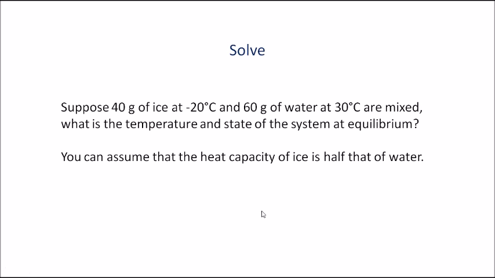Suppose 40 grams of ice at minus 20 degrees Celsius and 60 grams of water at 30 degrees Celsius are mixed. What is the temperature and state of the system at equilibrium? You can assume that the heat capacity of ice is half that of water.